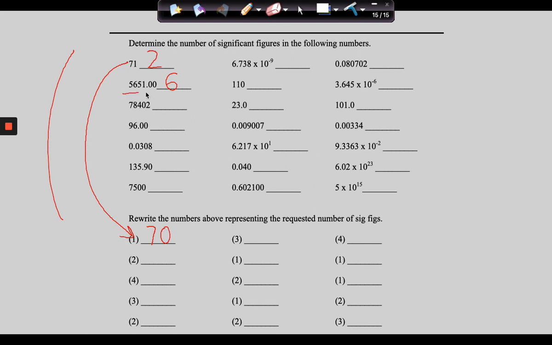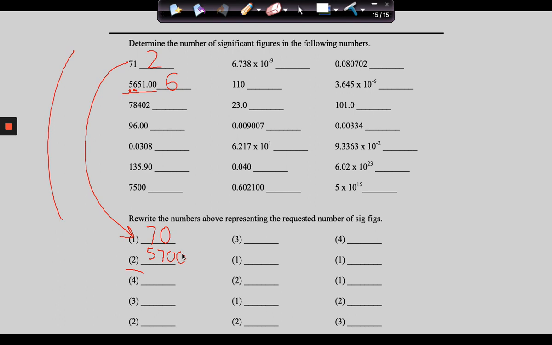Now you're going to take this number and round it to 2 digits. That would be the 5 and the 6. The 5 rounds up, so that means this would be 5,700, and so on. So you'll complete all of that, then you'll work on the back and you'll answer those questions on the back.